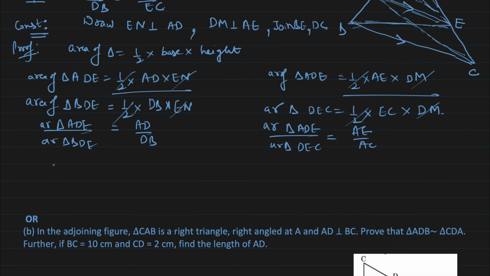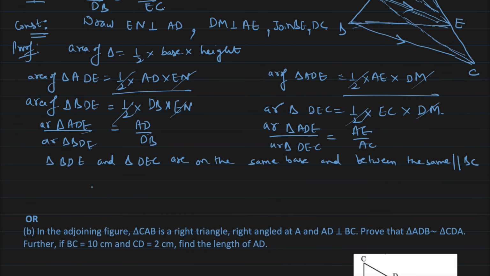So triangle BDE and triangle DEC are on the same base and between the same parallels, BC and DE. So therefore, area of triangle BDE equals area of triangle DEC.